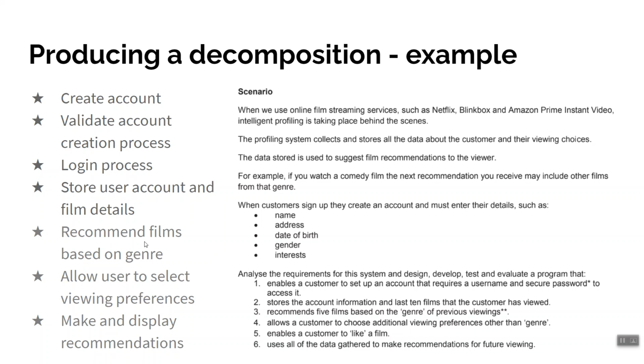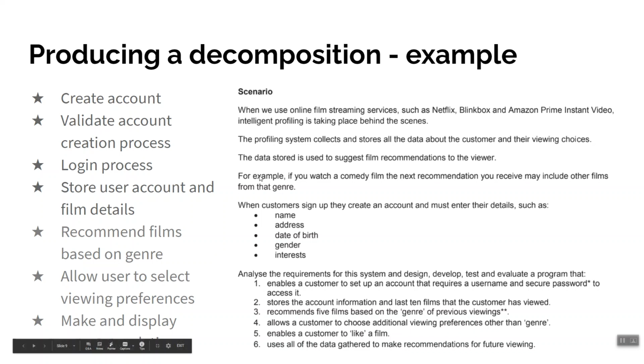It needs to recommend films based on the genre. The user needs to choose the preferences they've got for the films they want to watch and make and display recommendations. So this is what I've identified as being the 7 main tasks that I can decompose the main job into.